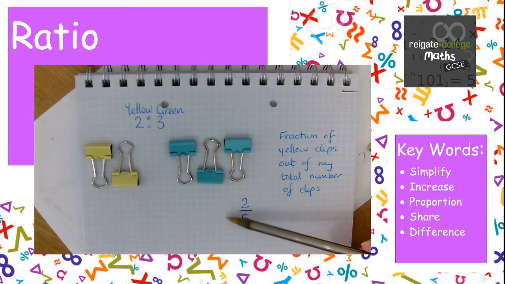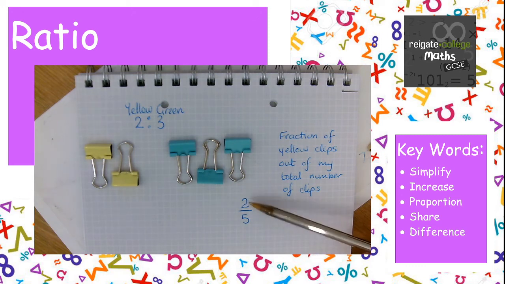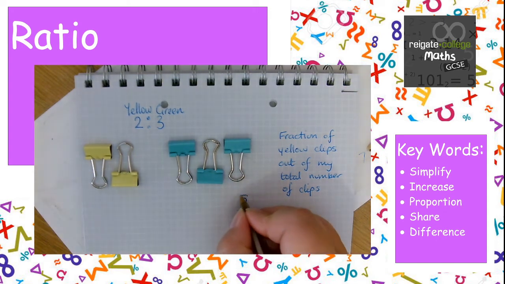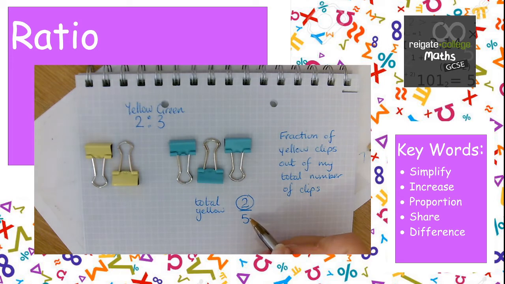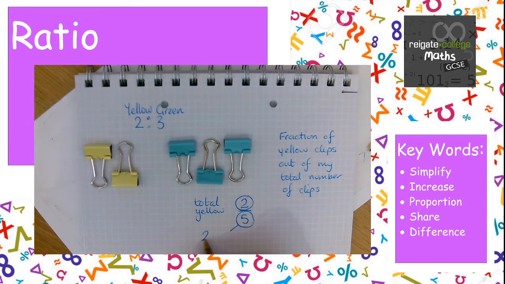Now if we just focus on those numbers, we can probably draw conclusions as to how we come up with them. The numerator is the total number of yellow clips, and the denominator is in fact the total number of clips, which we can get by adding both parts of my ratio. The denominator is 2 plus 3.